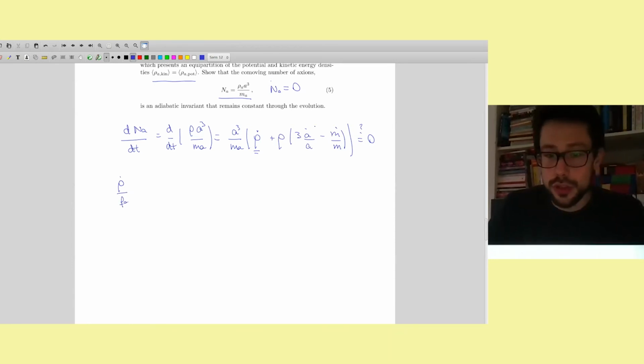And so, of course, you remember that rho over F_a squared equals 1/2 theta dot squared plus 1/2 m_a squared theta squared.